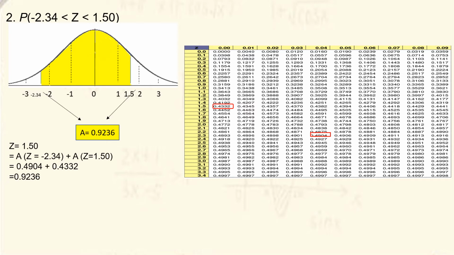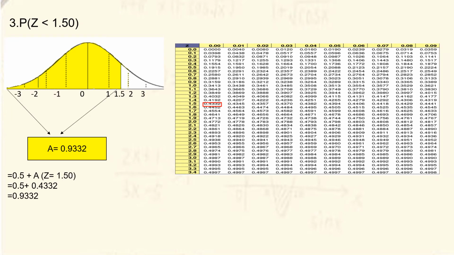So negative 2.34 intersects at 0.4904 and 1.50 intersects at 0.4332. Second, we have to add 0.4904 and 0.4332, and the answer is 0.9236. Therefore, the area of the shaded region is 0.9236.